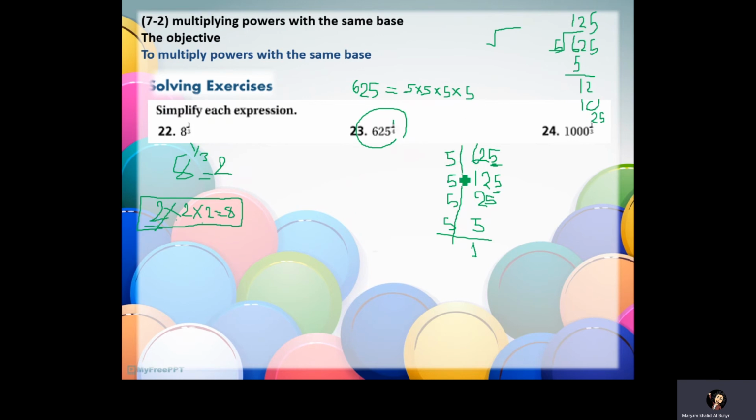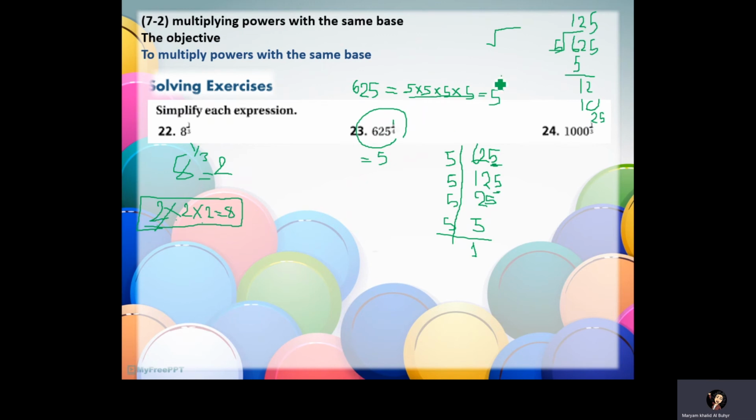How many times? 1, 2, 3, 4. Great. So I found a number that when I multiply it by itself 4 times, I will get 625. I can rewrite this as 5 to the power 4.